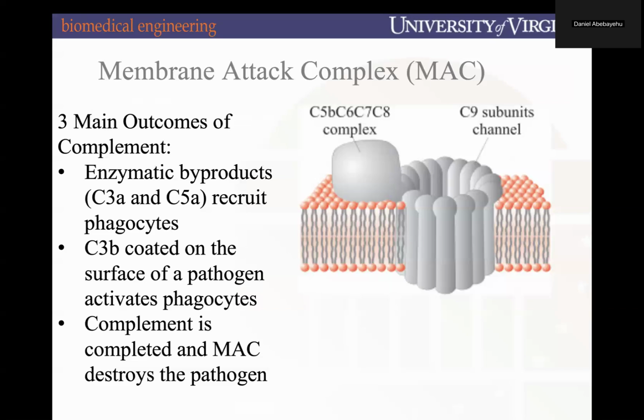Instead of involving antibodies, is that more the adaptive immune system? That's a great question. The antibodies originate from the adaptive immune system. The presumption here is that these antibodies are already circulating in your blood.